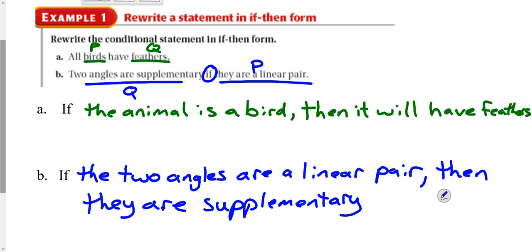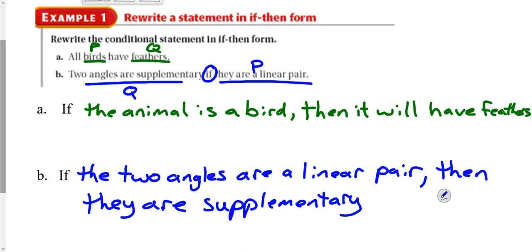So make sure you're not just putting an if and a then right in front of whatever the hypothesis and conclusion are. You're probably going to have to reword them so that they make a little bit more sense, or sound a little bit better. Because if we did that on letter A, we said if birds, then feathers. We need some more information in there.